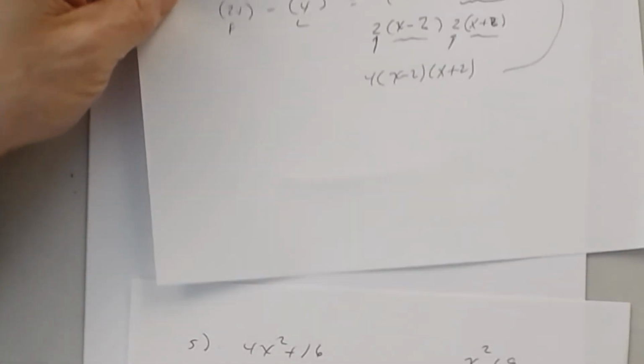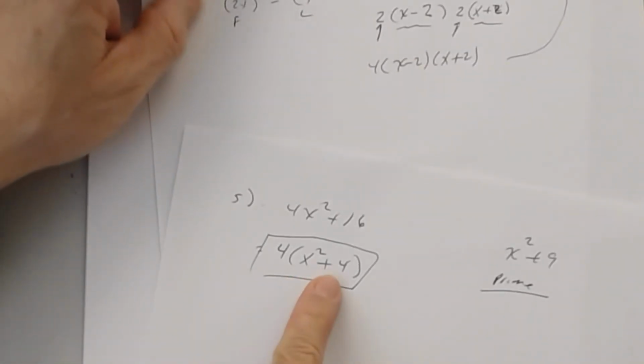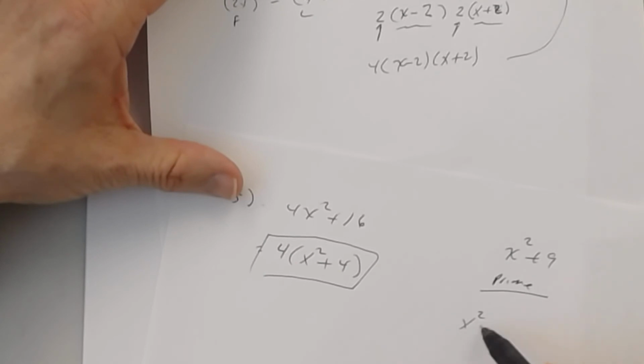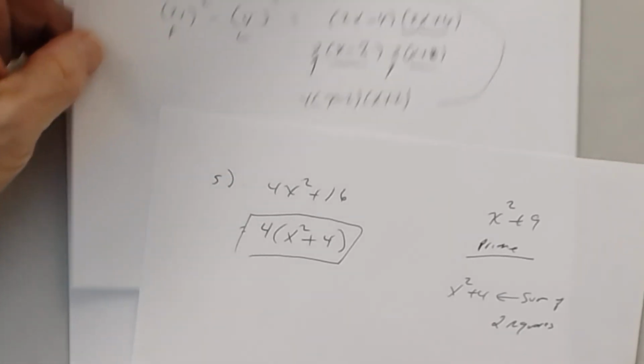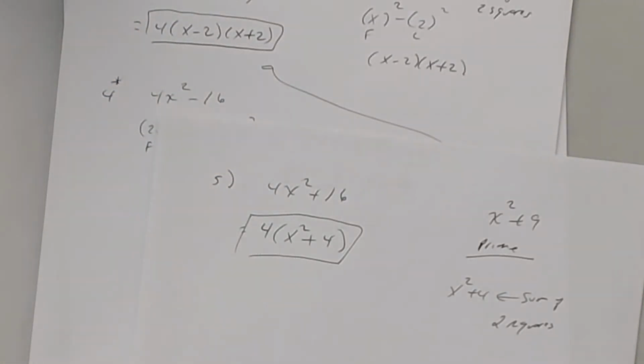So x squared plus 4, that's the sum of two squares. I cannot factor that, so you're done. All right? Okay, so that was a quick review from a previous lesson. That is on your test, Tuesday.